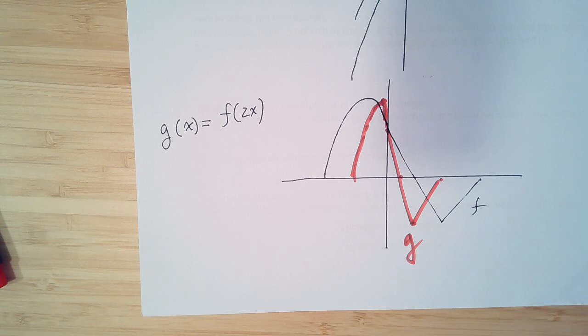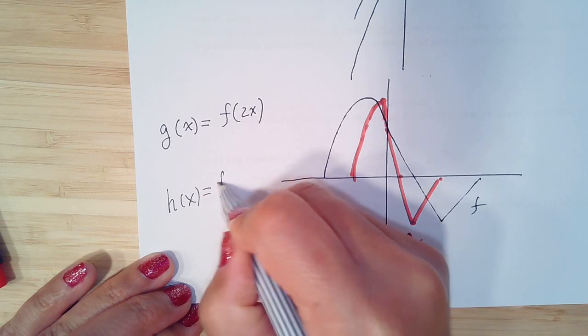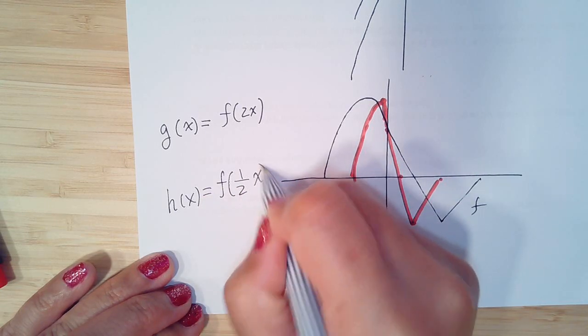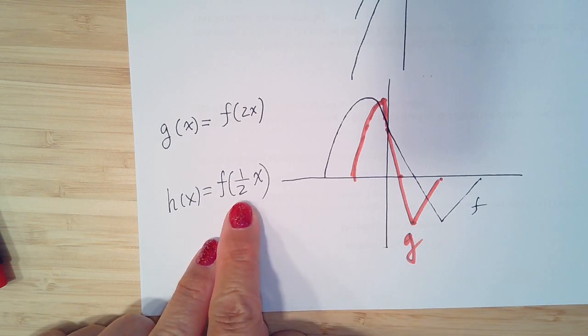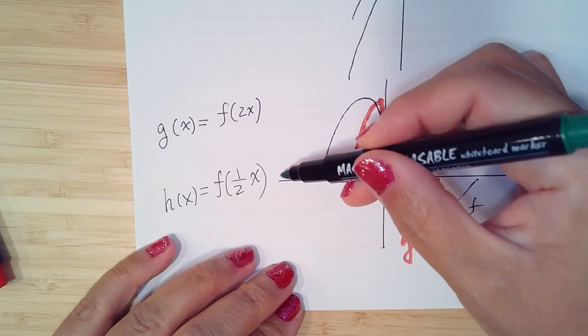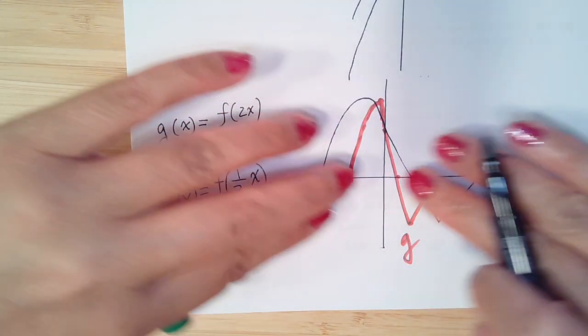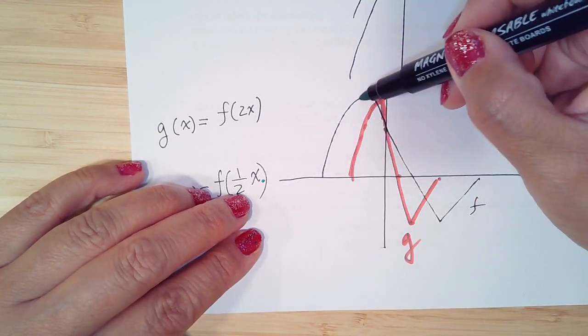Okay, one more. H of x equals f of 1/2 x. Can you graph it? Again, it works with this x, and it's 1/2. So it's not shrink by 1/2, it's enlarged by 2. So it's stretched horizontally by a factor of 2. So it goes from here, and this by 2 goes here.